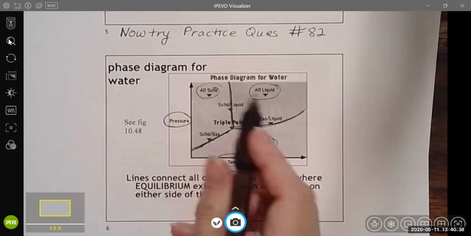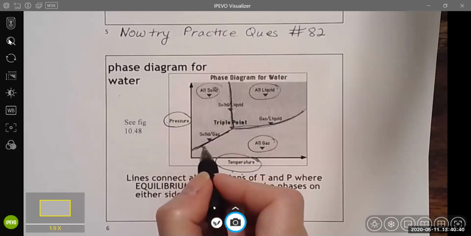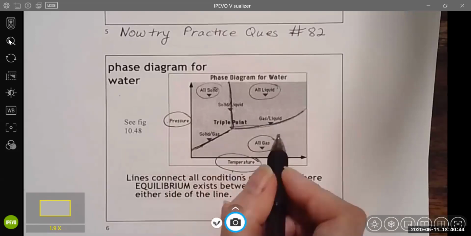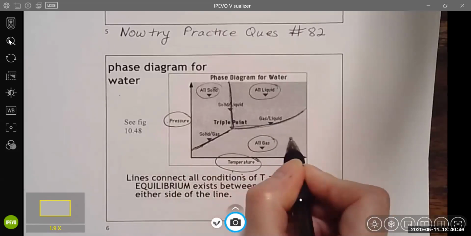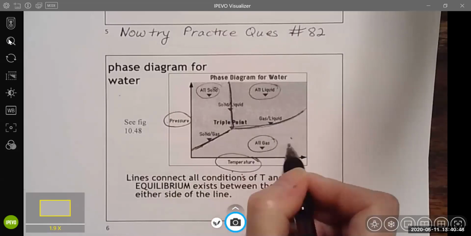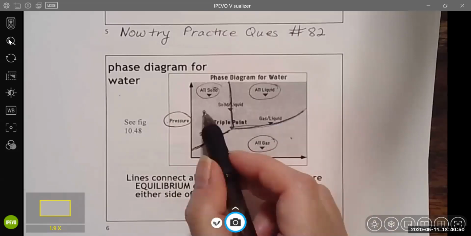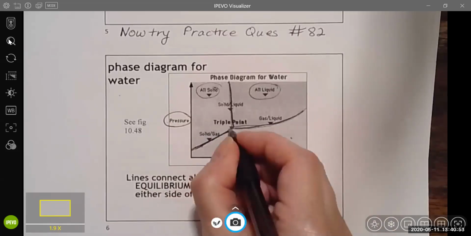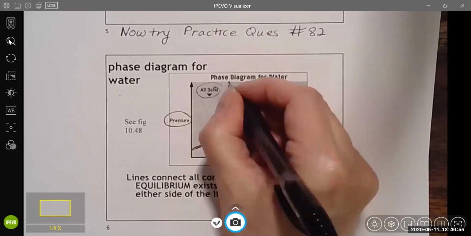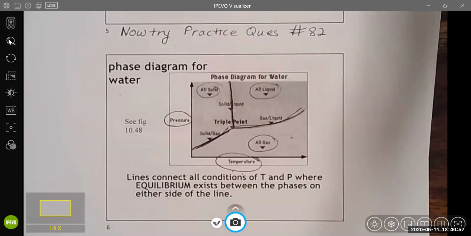This is solid, liquid, gas. It would be sublimating. If you graphed the pressure and the temperature and found it's over here, you'd say, oh, that's a gas, because this is all gas. Over here, liquid, over here, solid. So if it lands on one of those lines, that's where a phase change is going on.